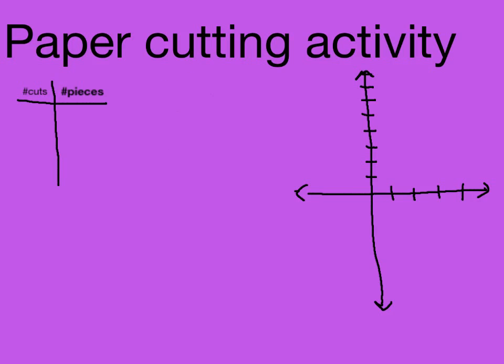I'd like you to follow along and do a paper cutting activity. Start with one piece of paper. When you start with one piece of paper, you have made 0 cuts. Now fold the paper in half and cut it. You've made 1 cut. Now you have 2 pieces of paper. Stack those pieces of paper, fold it in half again, and make another cut.